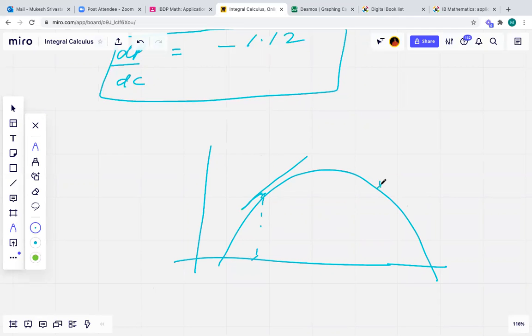At C equal to 60, my rate of change of profit is negative here. Which means somewhere between the two, my profit is maximum.